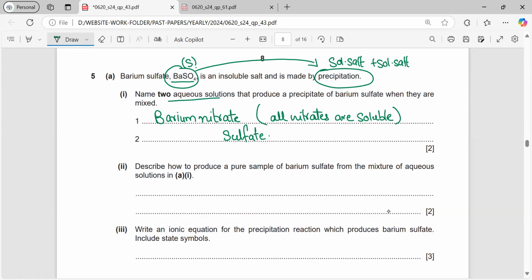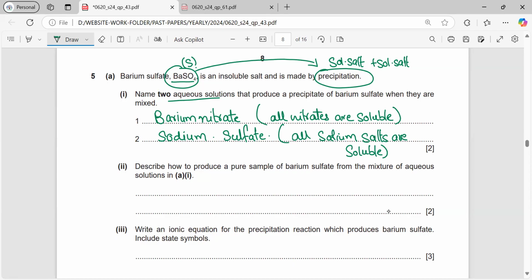And with the anion, which is sulfate over here, we can write sodium or potassium: sodium sulfate or potassium sulfate, because all sodium salts are soluble. So to make it easy, we can write sodium with the anion part and nitrate with the metal part.